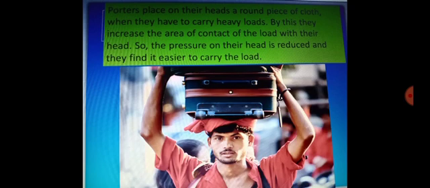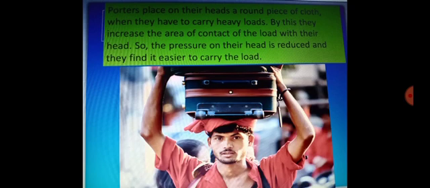If they put the luggage directly on their head, the area of contact of the luggage on their head will be less, and as a result the luggage will apply more force on that particular area, resulting in discomfort and pain.